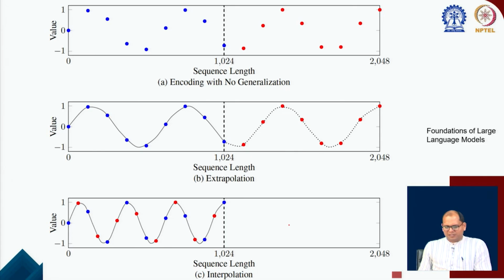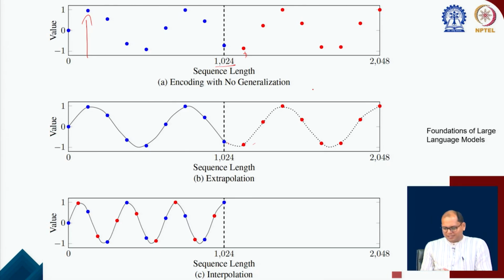And this is some visualization of the same thing. So here, suppose you have done no generalization, that is you have learned it up to sequence length 1024, you have these values at different positions, but you do not know what to do beyond 1024. So one thing is you can do extrapolation. If your function is known, you can extrapolate, if this is my function, I can use it for other positions also, like the sinusoidal ones, you can extrapolate for the positions, or you can interpolate.